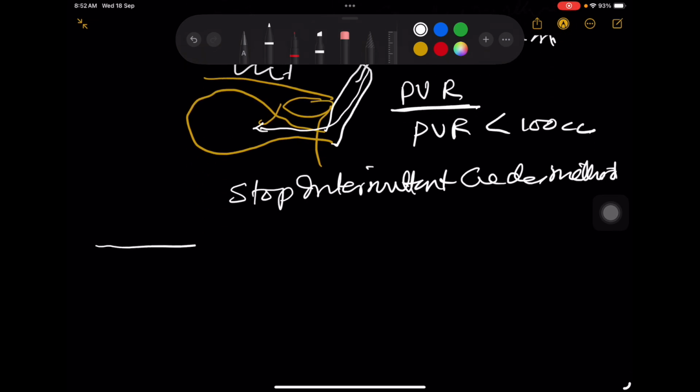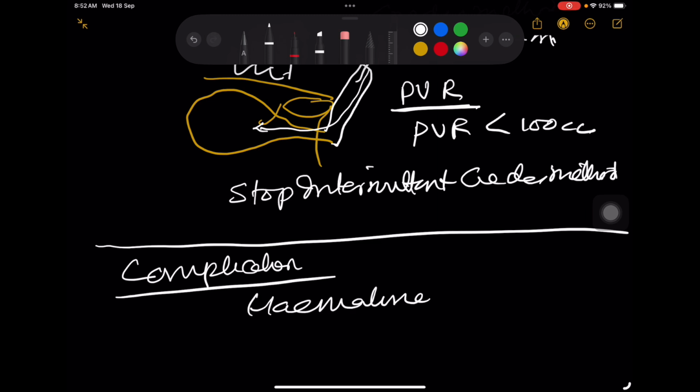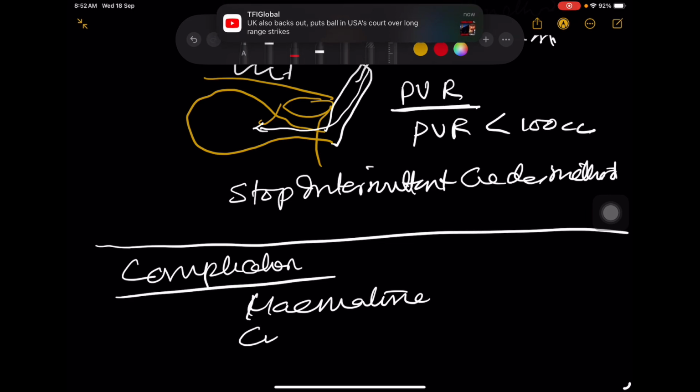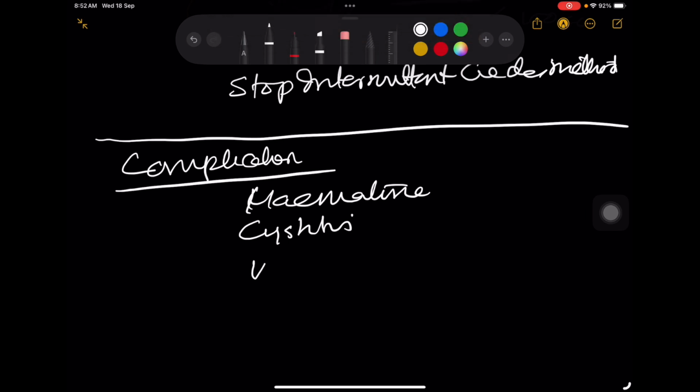Now what can be the complications of a neurogenic bladder? As I told you, first is hematuria. The second is cystitis. Now this cystitis can go into the ureter, ureteritis, pyelonephritis.